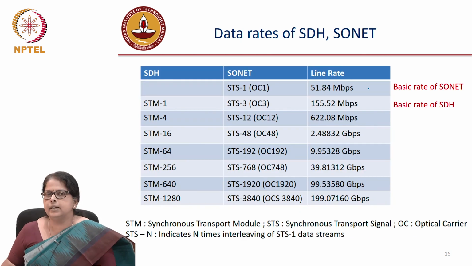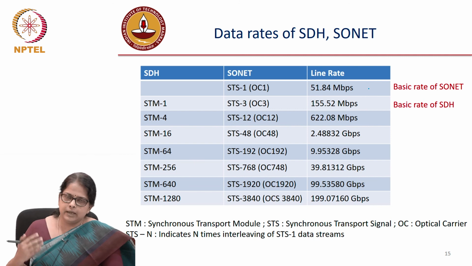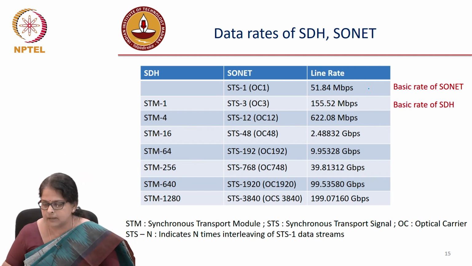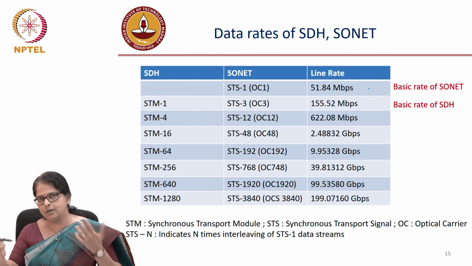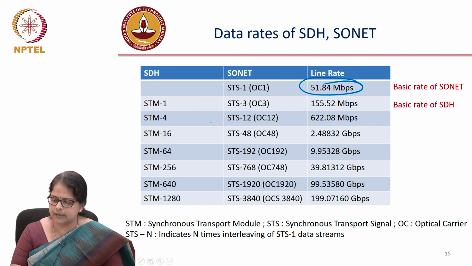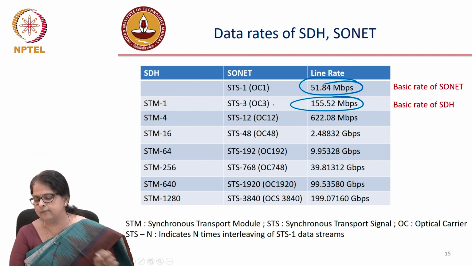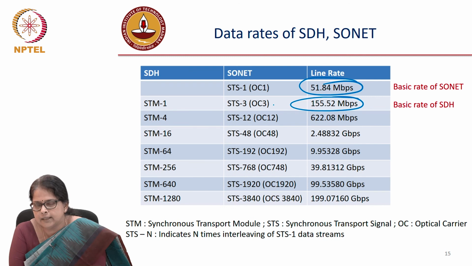So what does the data rate of SDH or SONET mean? Of course, even though the names are different, the standardization is the same in terms of data rates, otherwise you cannot have interoperability. So the basic data rate of SONET is 51.84 Mbps, whereas the basic data rate of SDH is 155.52 Mbps, which means that you cannot really transmit anything which is lower than 155 Mbps.